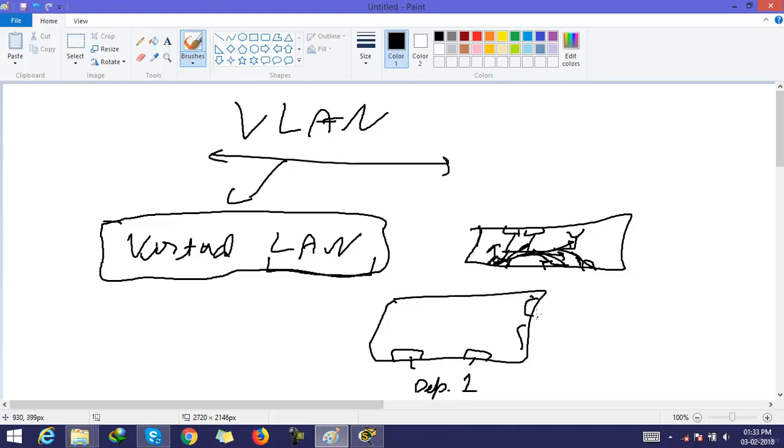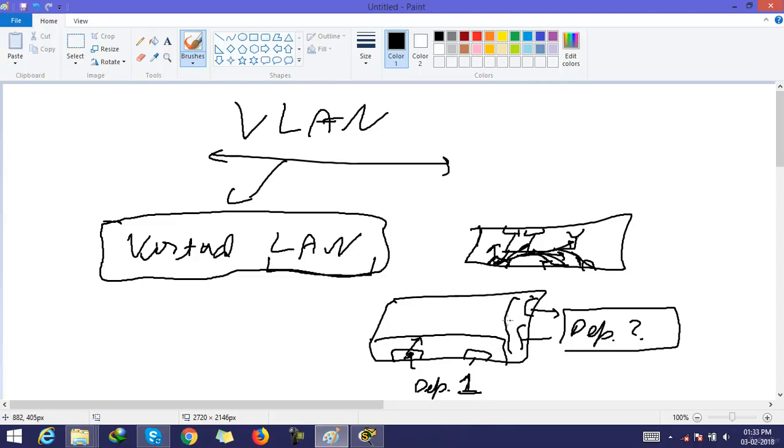These other PCs are department 2's PCs. So if this particular interface broadcasts a packet, then only department 1's PCs can receive it. Other departments' PCs do not have the right to receive the packet broadcasted by department 1. So we divided its broadcast domain into some parts.